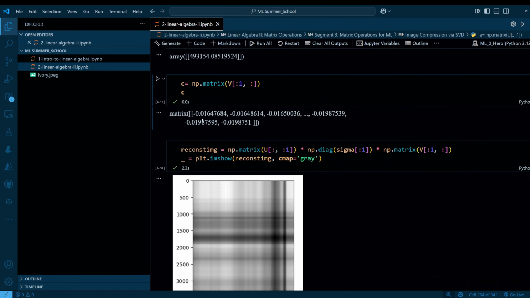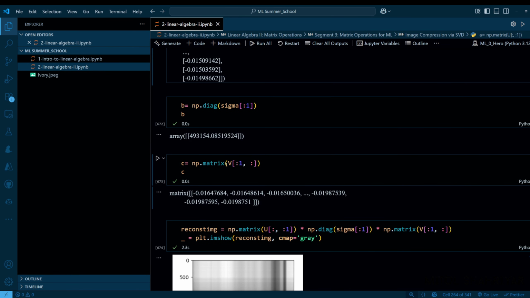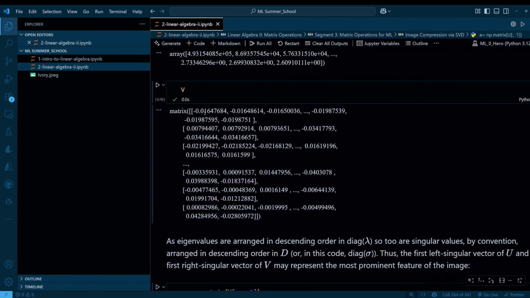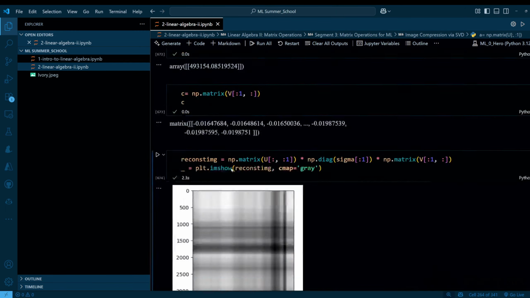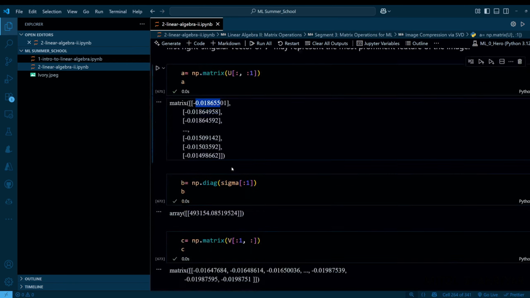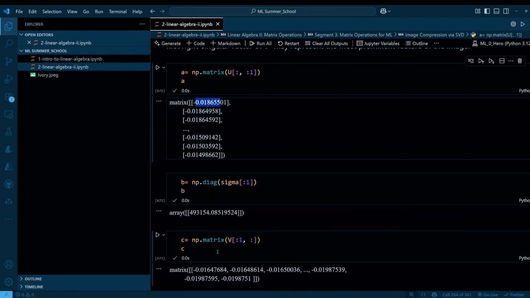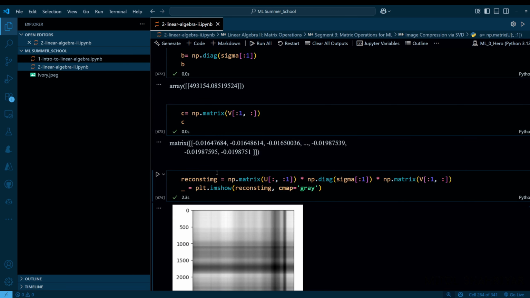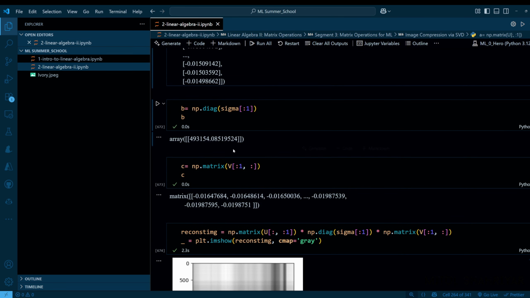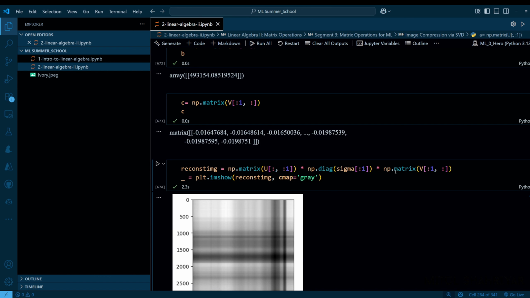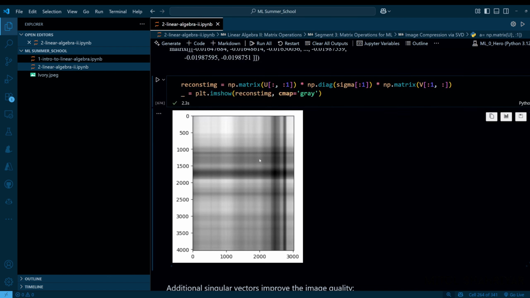We are just taking the first column, because for v we can verify here 0.0164, exactly the first column. So from v we have taken the first column, and from the sigma we have taken the first value. If we multiply all of them, we can get something like that.